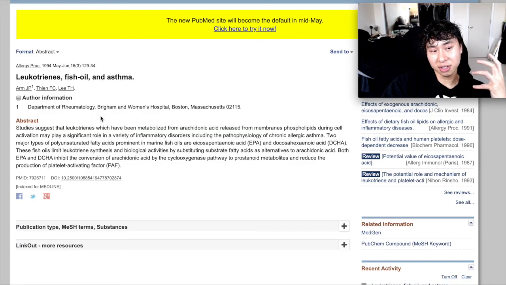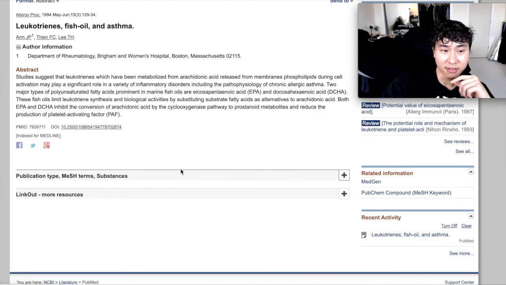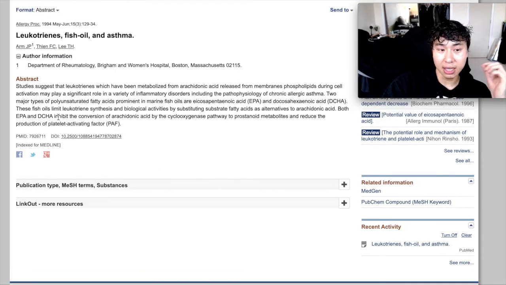And here's another study from the Department of Rheumatology of Brigham and Women's Hospital in Boston, Massachusetts, titled Leukotrienes, Fish Oil, and Asthma, and they found that fish oils limit the leukotriene synthesis and biological activities by substituting substrate fatty acids as alternatives to arachidonic acid.